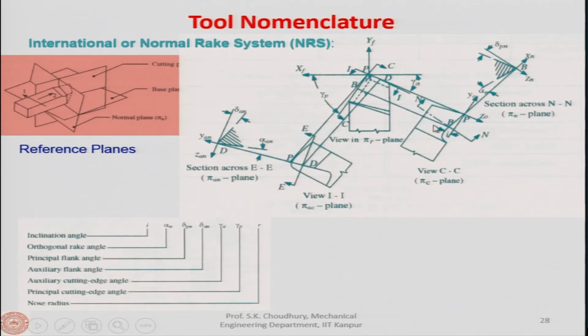Now, if we take the perpendicular to this cutting edge, NN, and perpendicular to this cutting edge, which is EE, we will see these two views. In these two views, this is the rake face, revealed here, and this is the rake face revealed here.